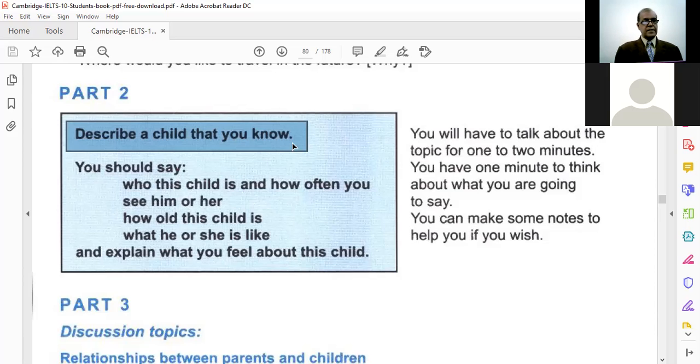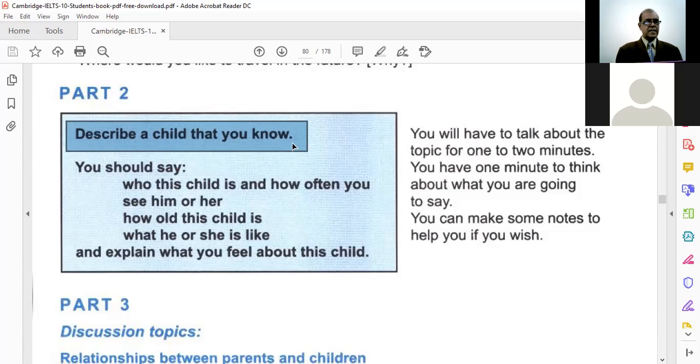Here you need to describe a child that you know. You should say who this child is, how often you see him or her, how old this child is, what he or she is like, and explain what you feel about this child.